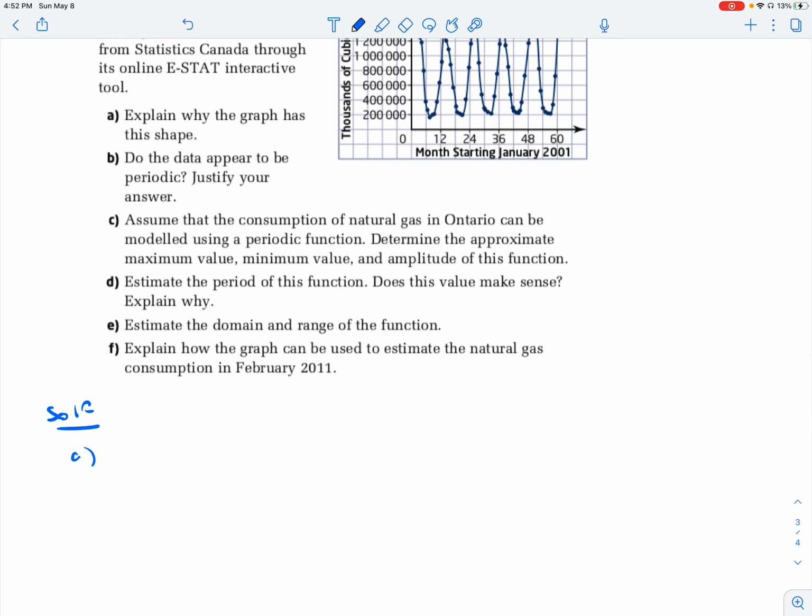So we can just say the consumption of natural gas varies with the season.